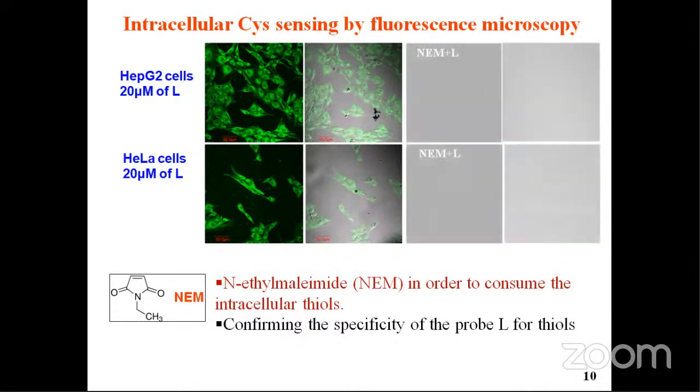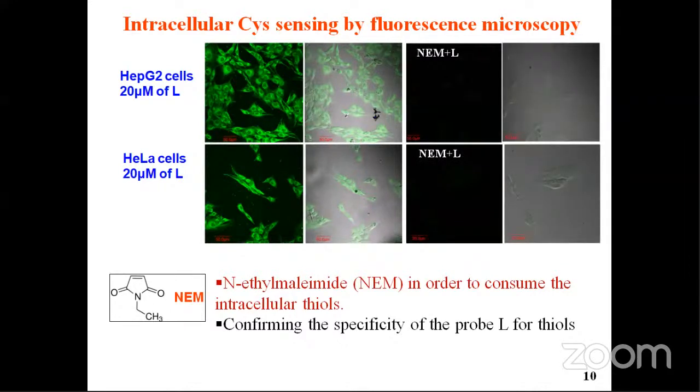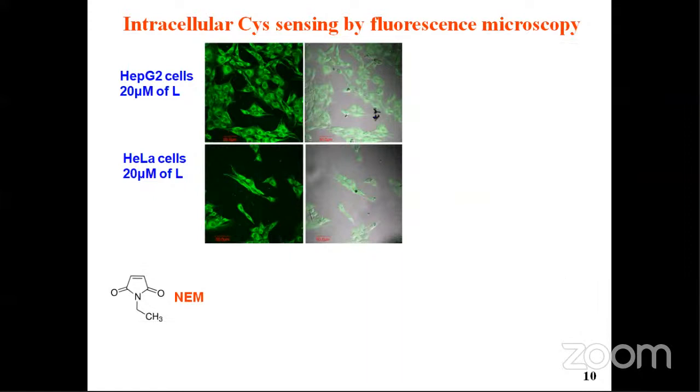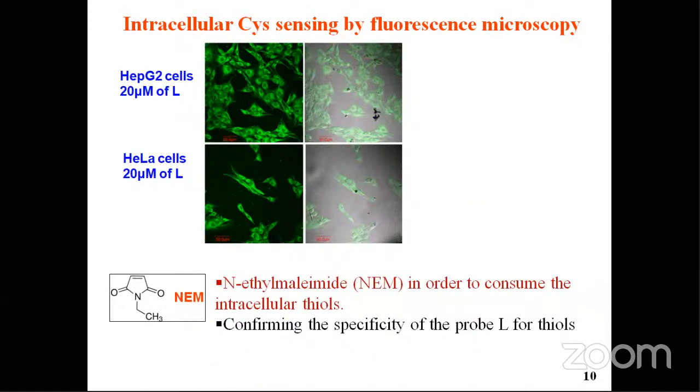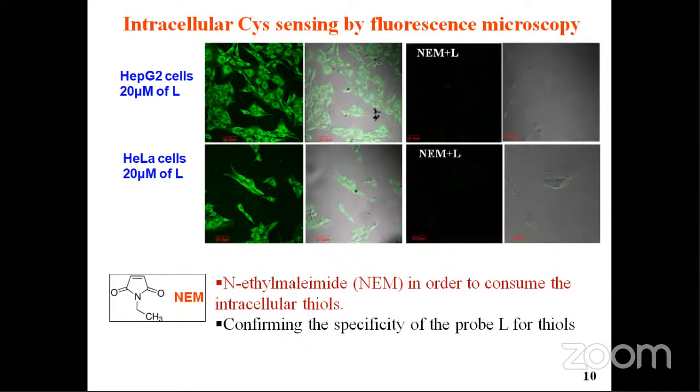N-ethylmaleimide is used to consume the intracellular thiols. This chemical consumes all the intracellular thiols, so it will show whether our molecule reacts specifically with cysteine. Here we can see there is no fluorescence in the cell, so that means our molecule is specifically reacting with the thiol.